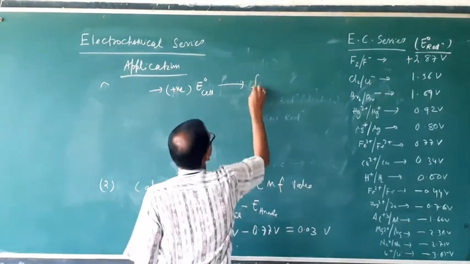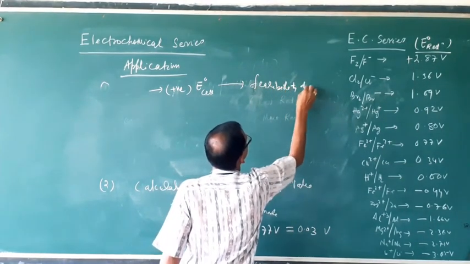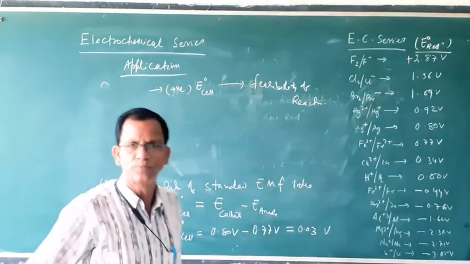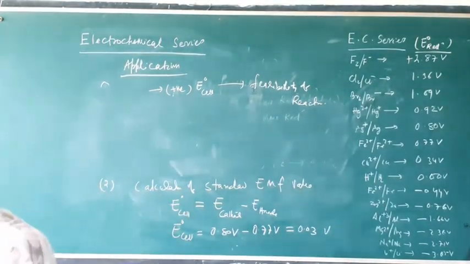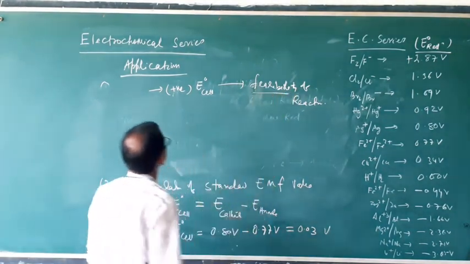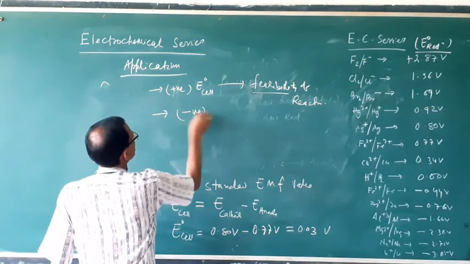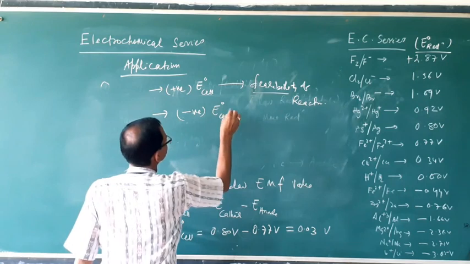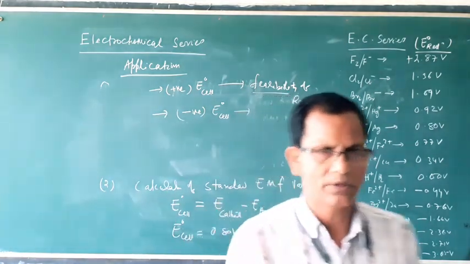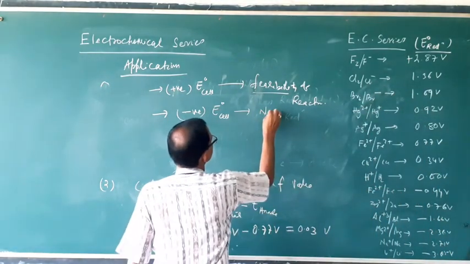If the EMF value is positive, that means the reaction is possible. Feasible means possible. If the EMF value is negative, the difference is negative, then the reaction is non-spontaneous.